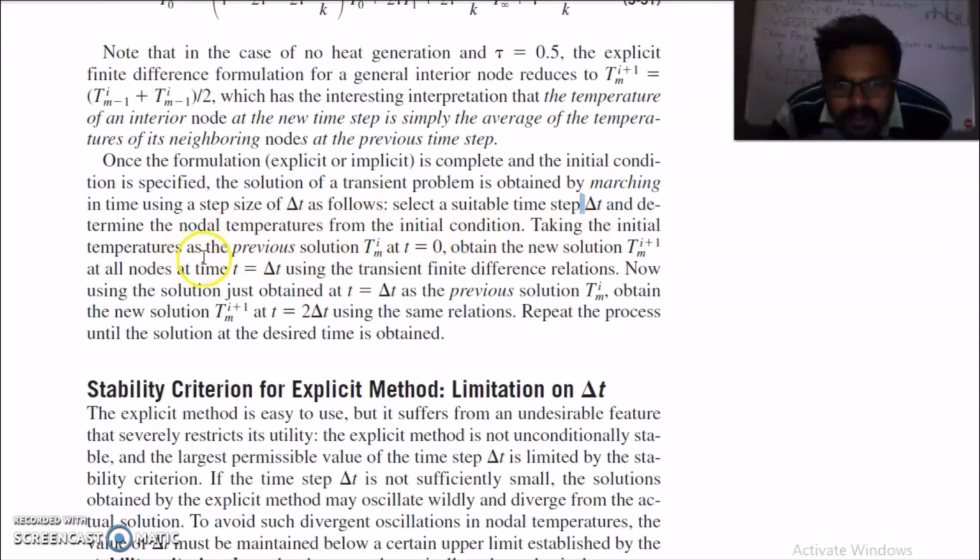Taking the initial temperature as the previous solution Tmi at t equal to 0, obtain the new solution Tmi plus 1 at all nodes at time t equal to del t using the transient finite difference relations. Now using the solution just obtained at t equal to del t as the previous solution, you can obtain the new solution Tmi plus 1 at t equal to 2 del t, and you can repeat this process until the solution at the desired time is obtained.